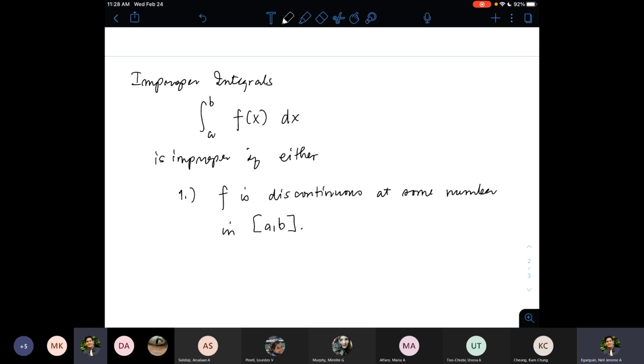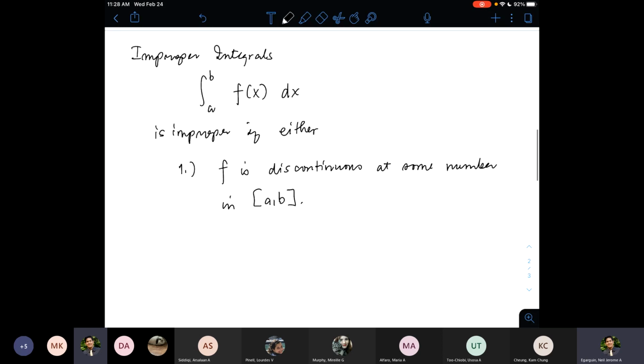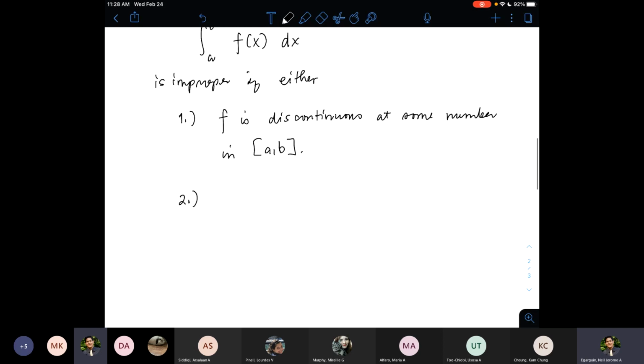So if you look at your integrand f and whether it is continuous on the closed interval, and there is a number on the integration interval at which your function f becomes discontinuous, then it's an improper integral. And the second is if a or b is infinite.